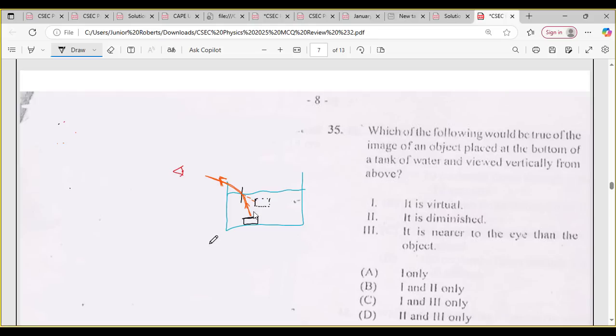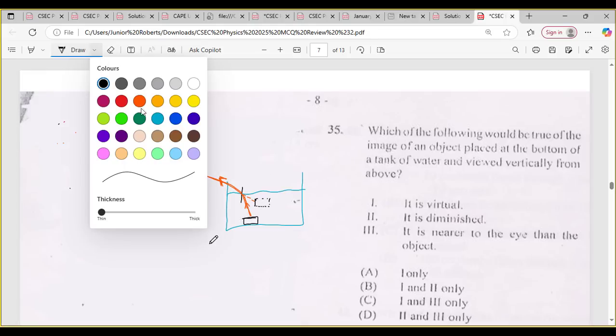Since the image is formed by broken lines, because our brain assumes the light rays are coming from this point, the image that we see is going to be a virtual image.